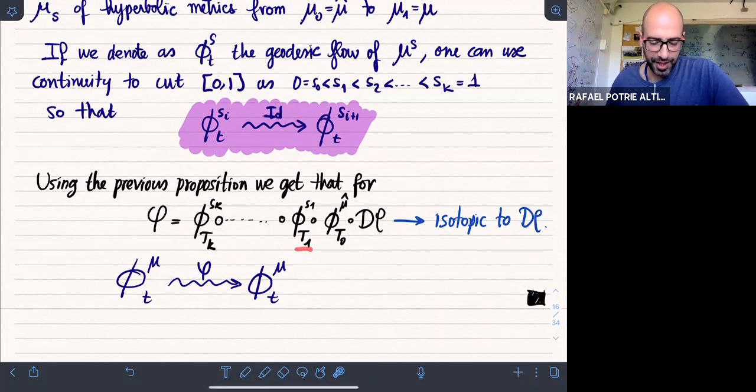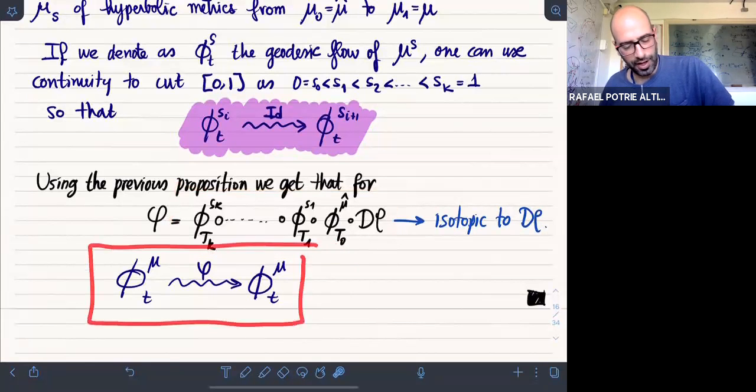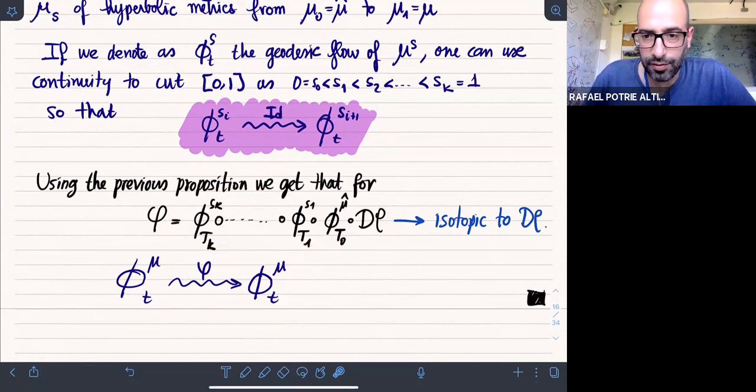And so we will find very long times, say T0, T1, up to Tk, so that this makes a transversality of the geodesic flow with itself.